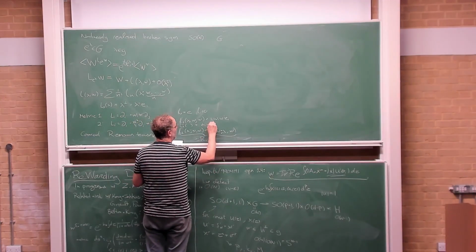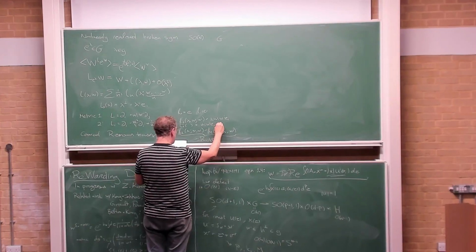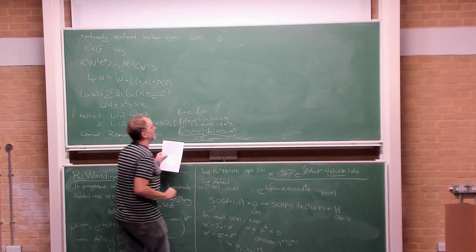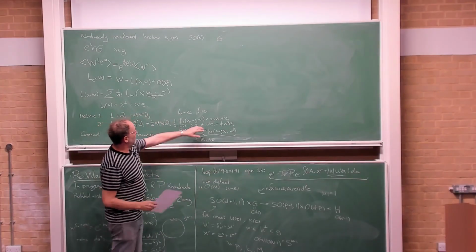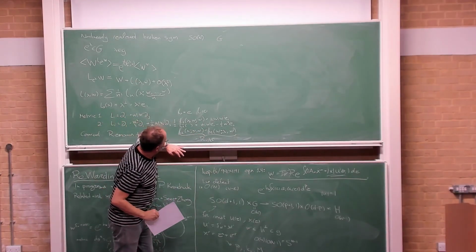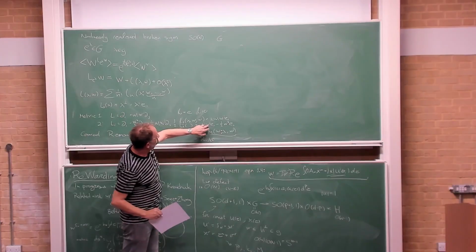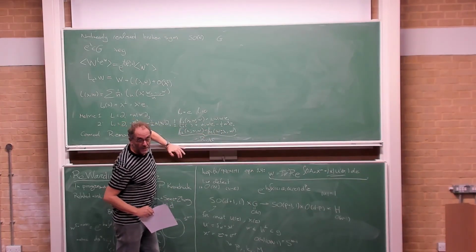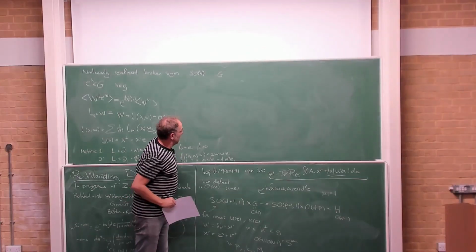Wi, Wj, Ej minus a half W squared Ei. Yeah, and then you put it in a symmetric way. You have to symmetrize here. Here it's automatically symmetric, and you get that, and you find the answer.